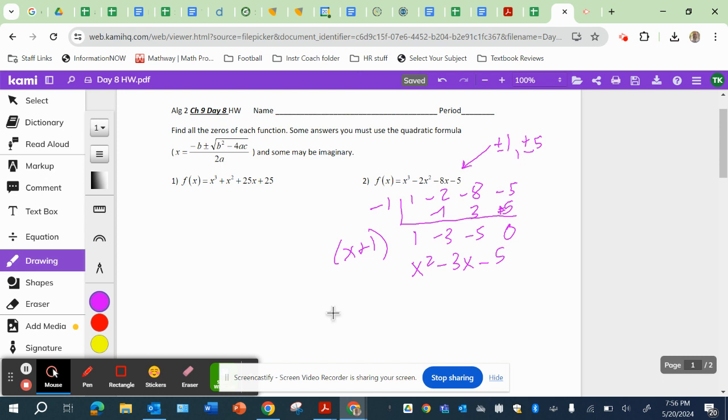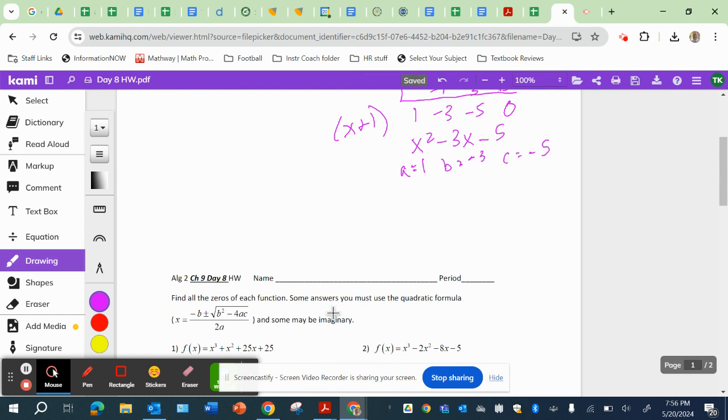And so you're going to need to use the quadratic formula. A is 1, B is negative 3, C is negative 5. So opposite of B, plus or minus the square root of B squared minus 4 times A times C, all over 2 times A. So that is 3 plus or minus the square root of 9 plus 20, so 29, over 2. 29 does not simplify.